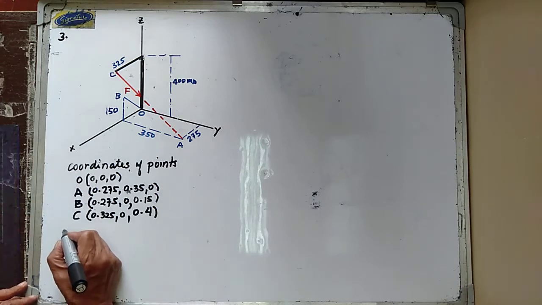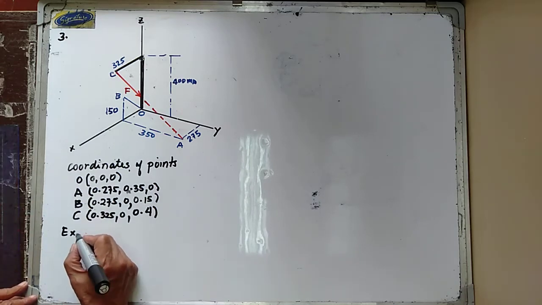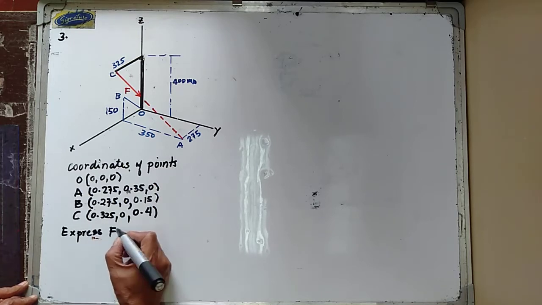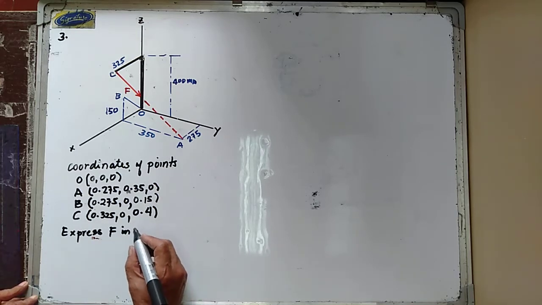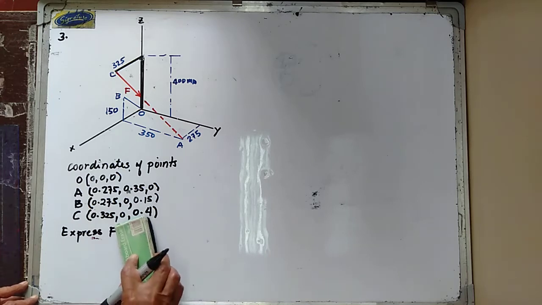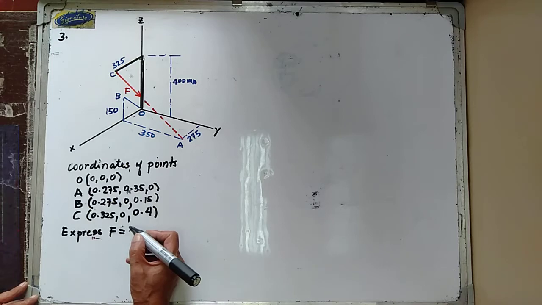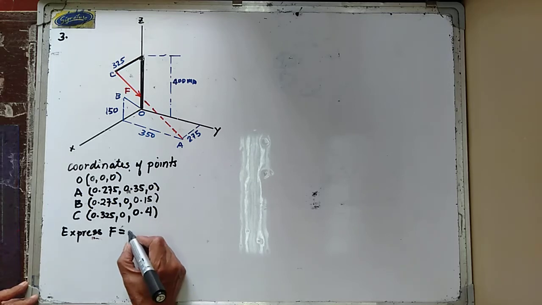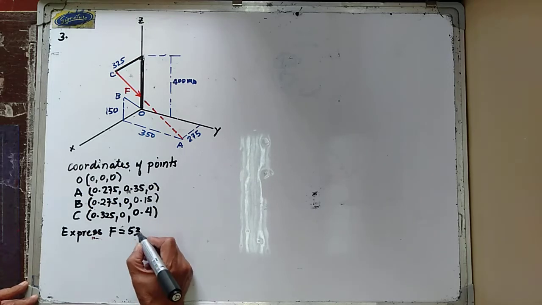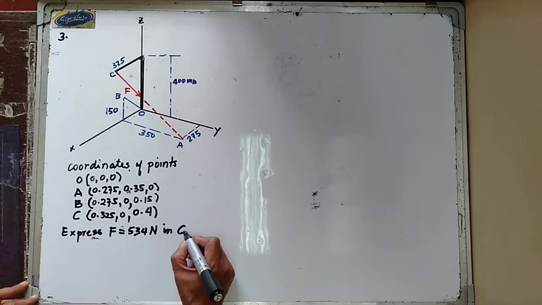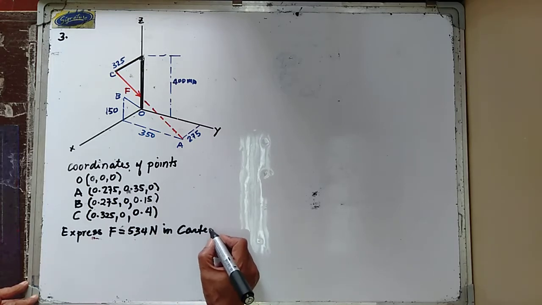Next, let us first express the force F in Cartesian vector form. The magnitude of the force F is equal to 534 Newton.